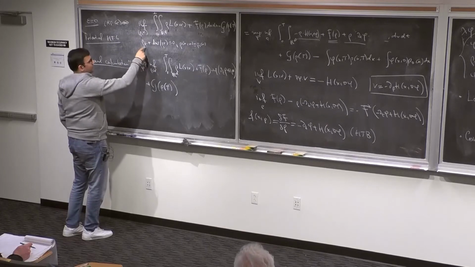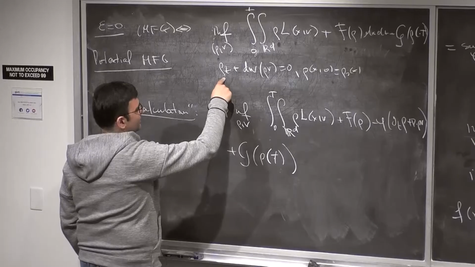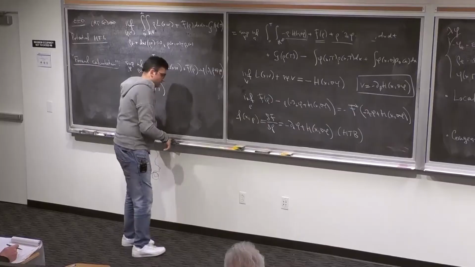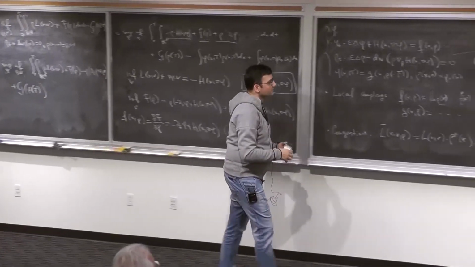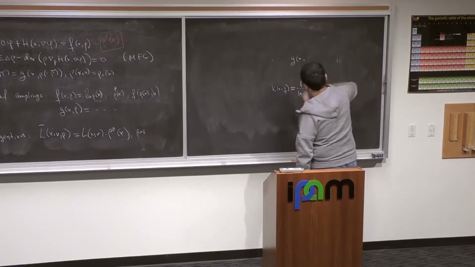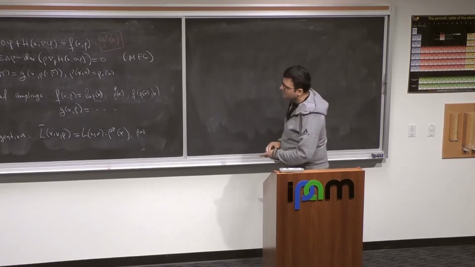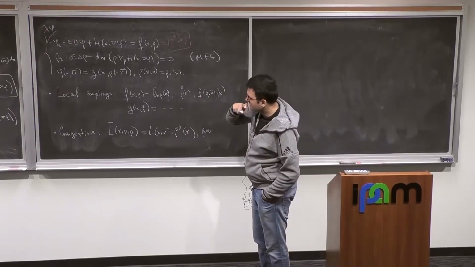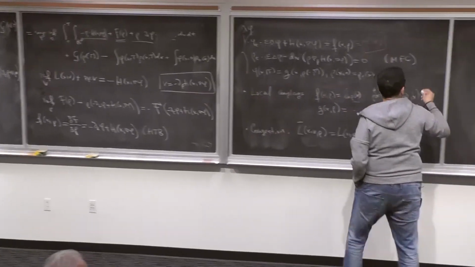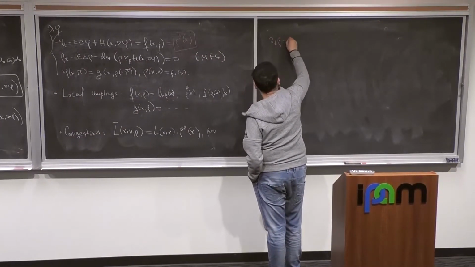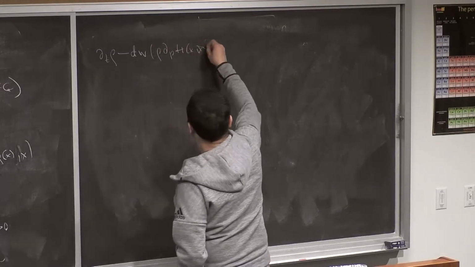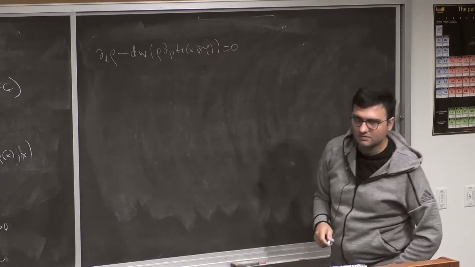Now, additionally, we have that the solution must solve the continuity equation, right? And so, where should I write that? Okay, maybe here. We have the continuity equation, and V is equal to this, so the continuity equation becomes equals 0.